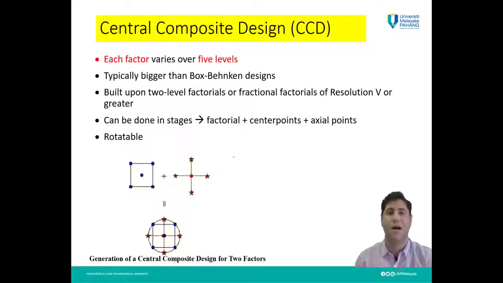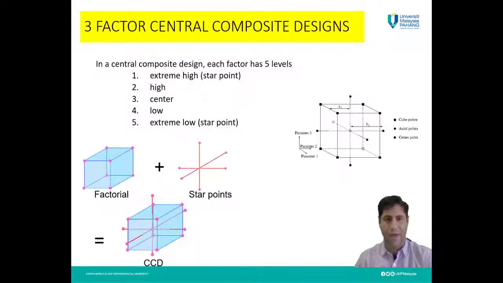Let me start with the CCD, or central composite design. In this design, each factor varies over 5 levels. These levels, as I told you, are extreme low, low, center, which is a medium amount of that factor, high, and extreme high. For example, if it is temperature, this can be 100, 50, 0, negative 50, and negative 100.